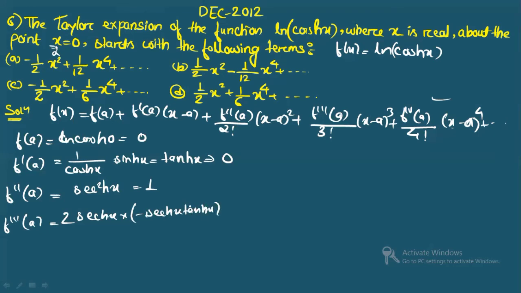Here you have tanh x, so when you put x equal to 0, the entire term becomes 0. This term is minus 2 sech square x tanh x. I have written this so that we will do f4(a) also.